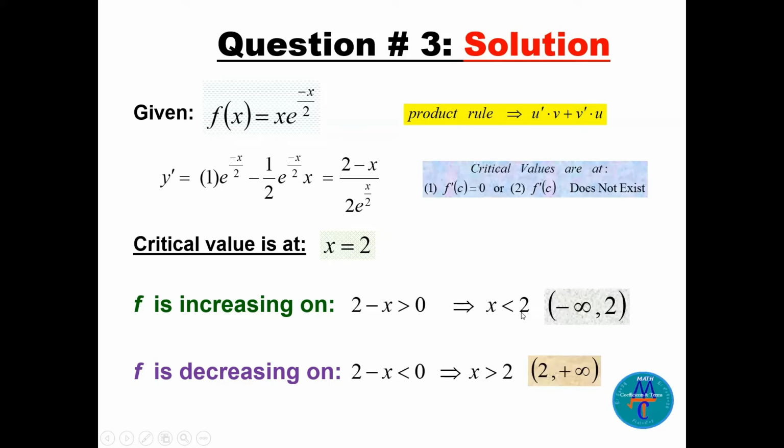X will be less than 2. This is a linear inequality. So f is increasing from minus infinity to 2. F is decreasing if y prime or f prime is negative. So 2 minus x less than 0, x will be greater than 2, from 2 to plus infinity.